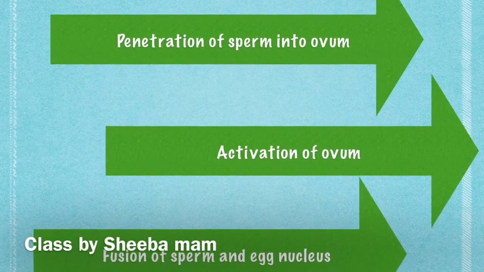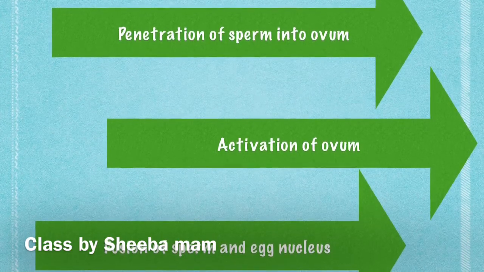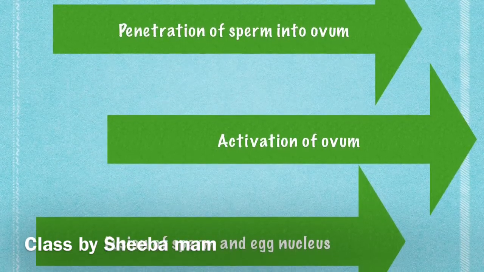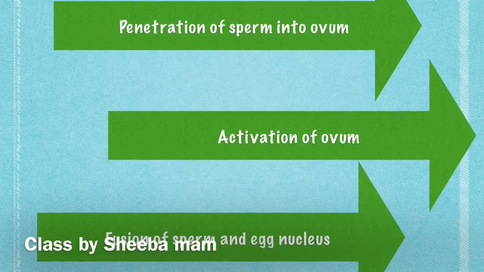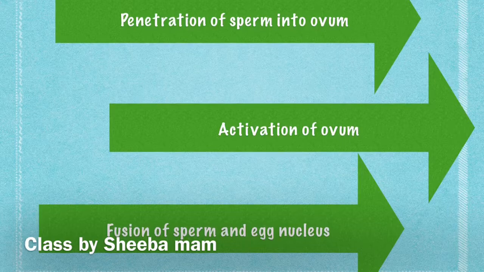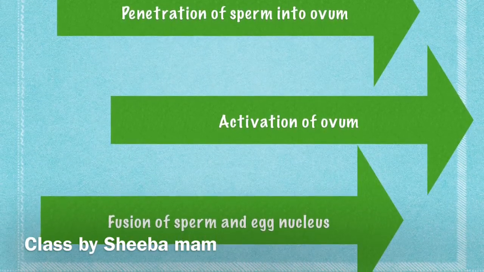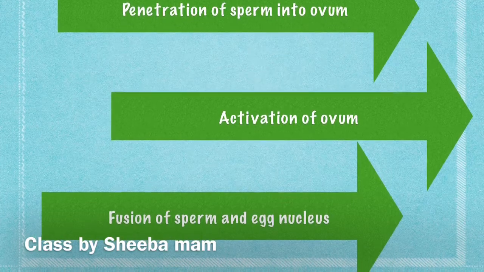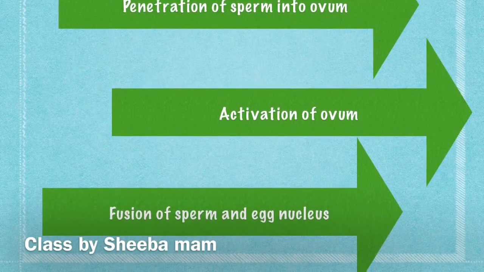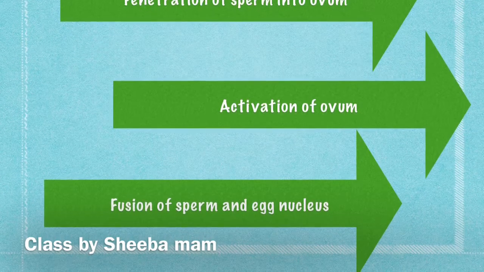The fusion of the sperm and egg restores the diploid number of chromosomes. The single diploid cell formed is called zygote. It contains both the paternal and the maternal chromosomes. It is the beginning cell of the new multicellular individual. Immediately after fertilization, the zygote undergoes the first mitotic division.